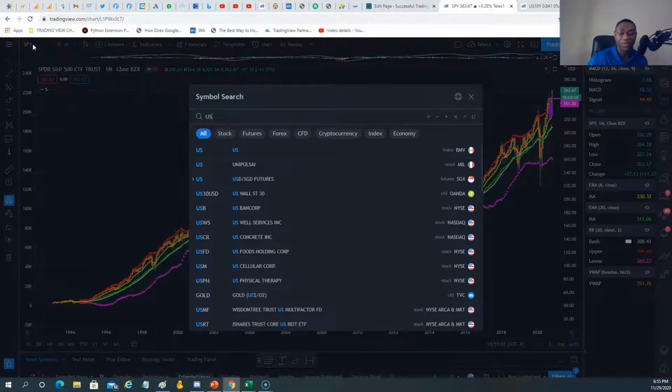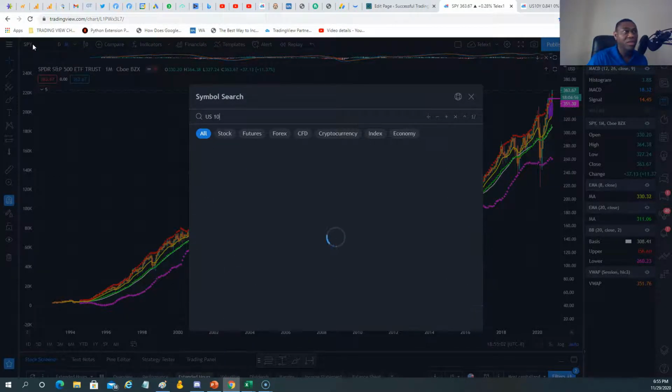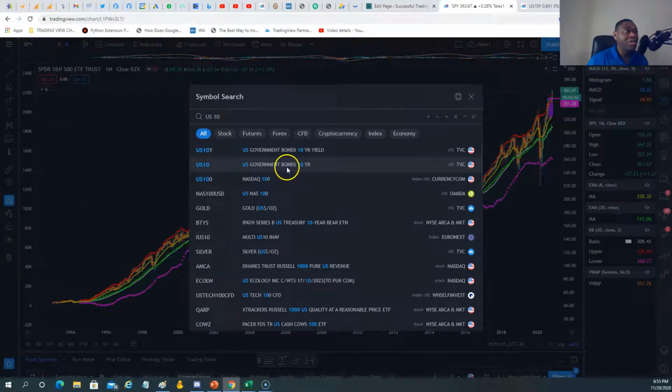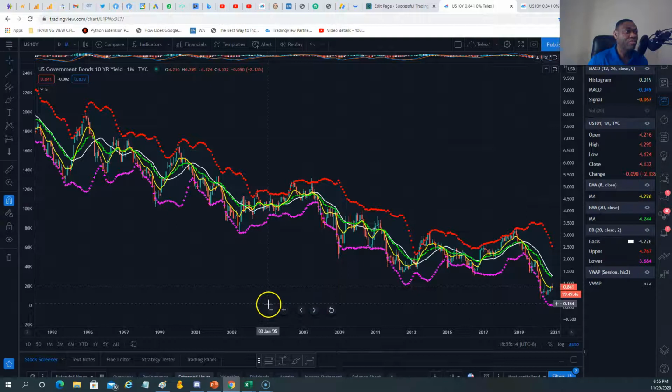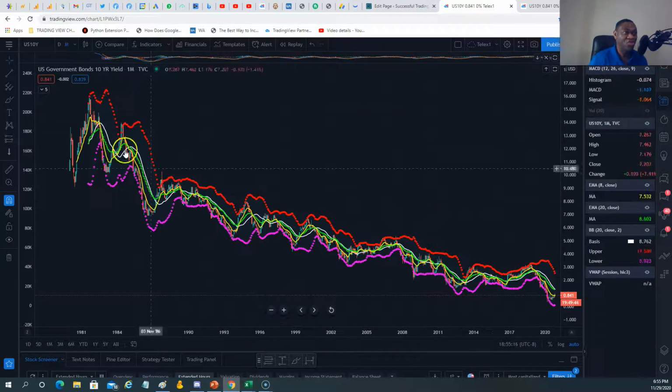So if we go US 10 here, let's say the US government bond, we want to plot its yield. Okay, folks, you ready for this? This is telling us that in 1981, for instance, the yield, meaning the coupon rate, was 13%.